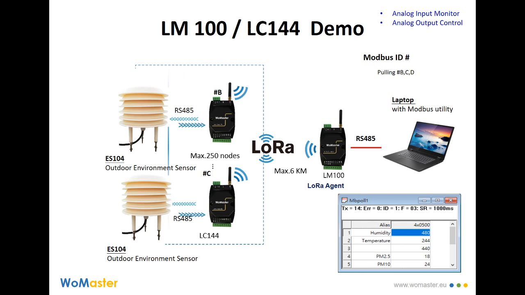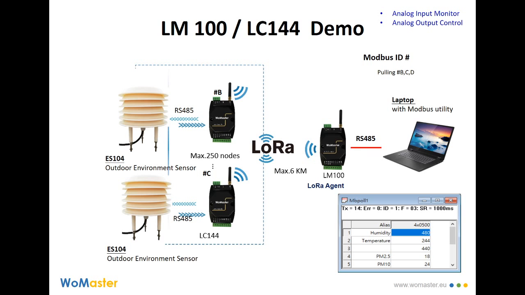Later, we will demonstrate based on a list topology. The sensor connects to the LC144 by RS485. The LC will collect the sensor data by Modbus RTU and bring this data to the LM100 over the LoRa network. The LM100, this LoRa agent, will send the data back to the laptop via RS485.